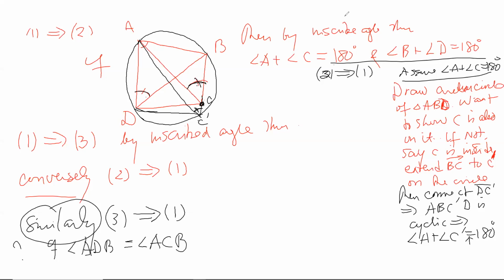And therefore, 3 implies 1 can also be proved similarly. It's left to you. You have to try it yourself. If you don't prove theorems yourself, you will never get to the level I expect.